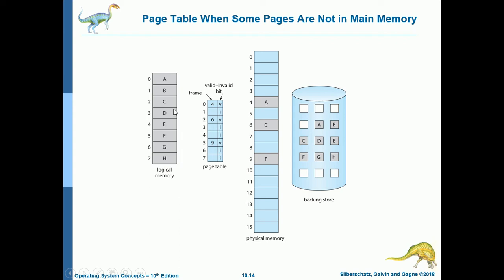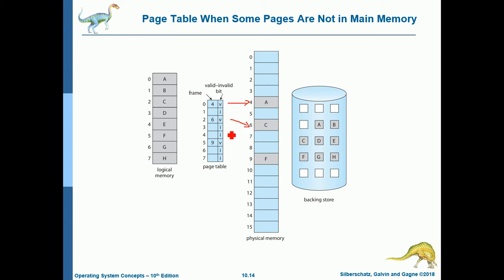And then we have page 2, which is C. It's stored in frame number 6 in the physical memory.